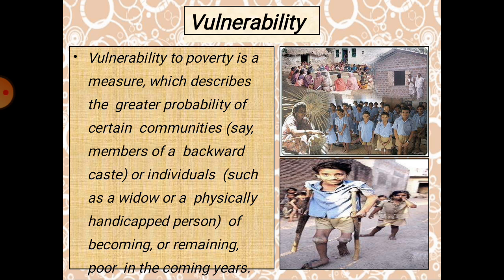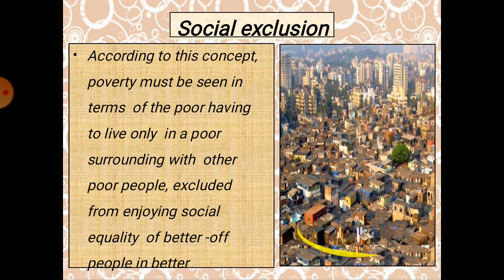Then about vulnerability, the vulnerable section. Vulnerable means a very dangerous condition. Vulnerability to poverty is measured in such a way that there is a greater probability for certain communities, like members of the backward castes, widows and the physically challenged.